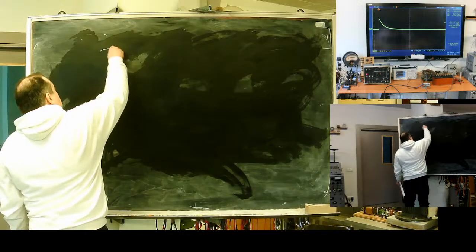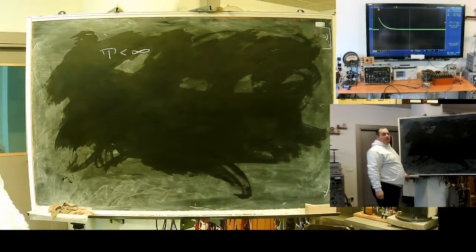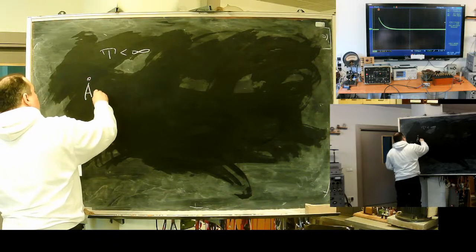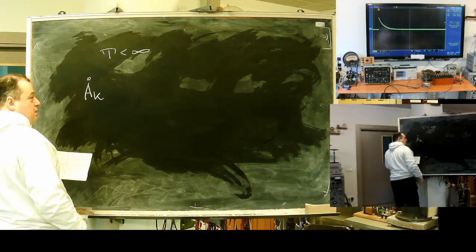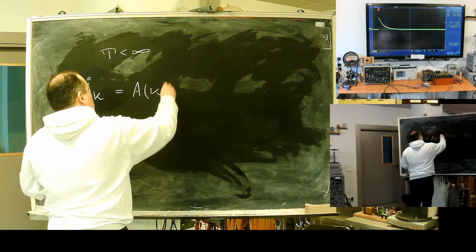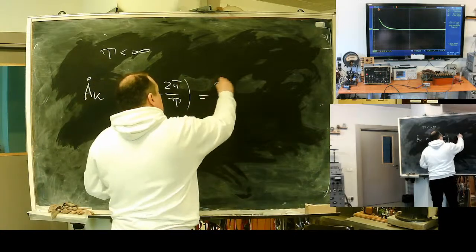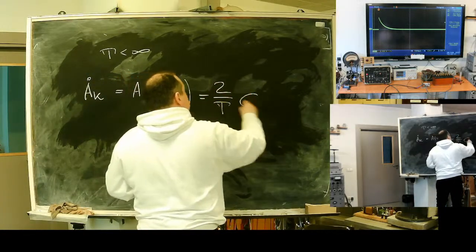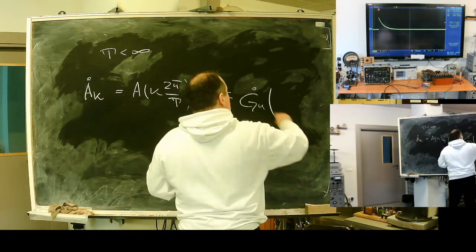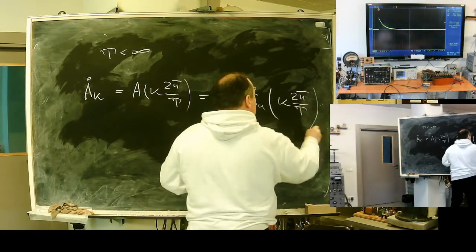If it's okay for us, period smaller than infinity, classical Fourier law coefficients can be obtained as values at discrete frequency, as values of spectral function at particular frequencies.